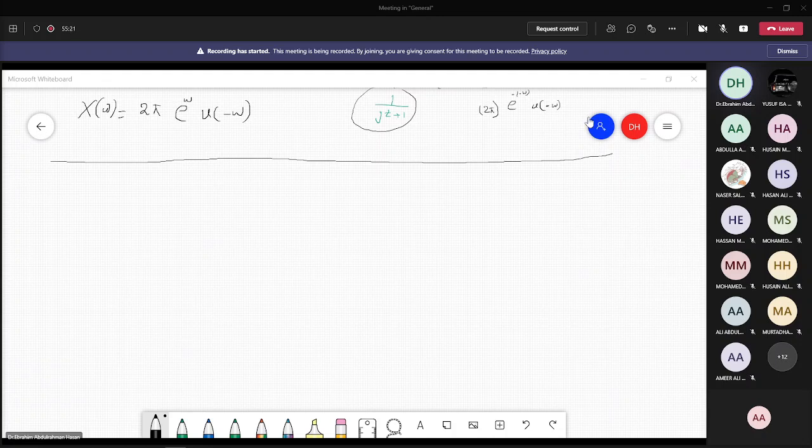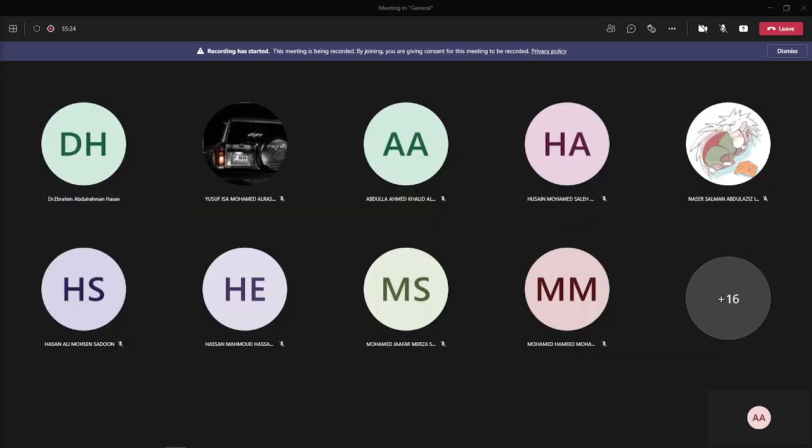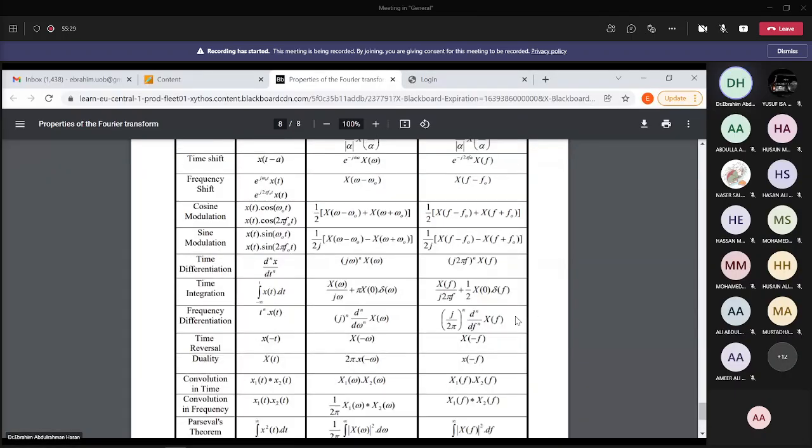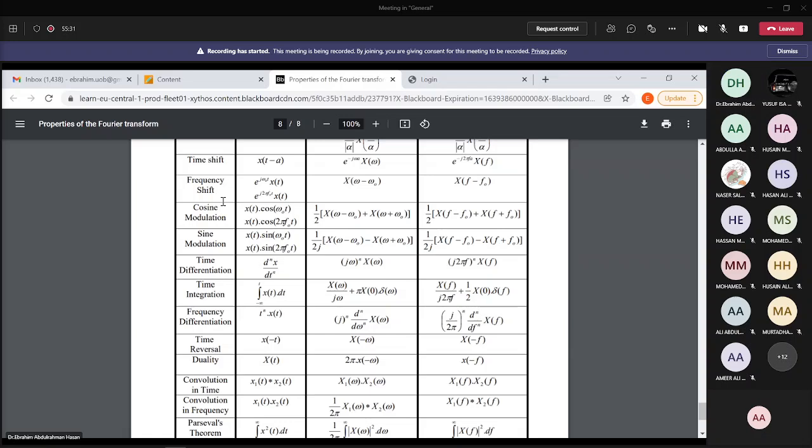Let's see another one. Okay, cosine modulation and sine modulation, a special case. So it is x of t multiplied by cosine, then it is equal to half x of omega minus omega naught plus x of omega plus omega naught.